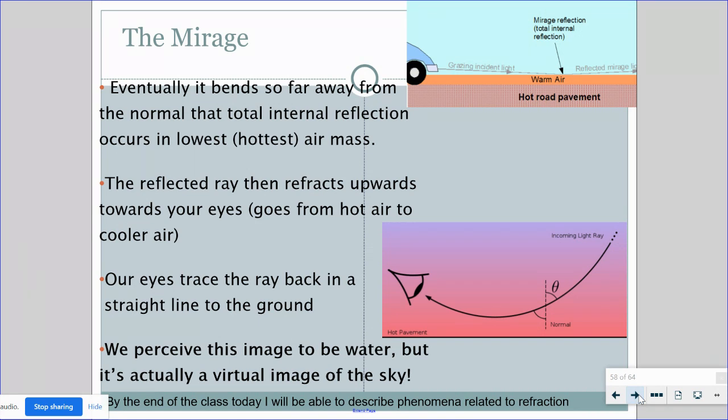As it bends so far away from the normal, total internal reflection occurs in the hottest air mass. The reflected ray then refracts upwards toward your eyes, going from hot air to cooler air, and our eyes trace it back in a straight line to the ground. So we see this image as water, but really it's just a virtual image of the sky.